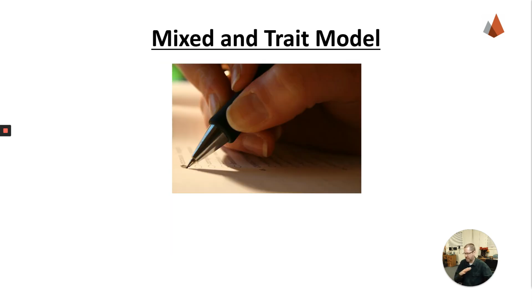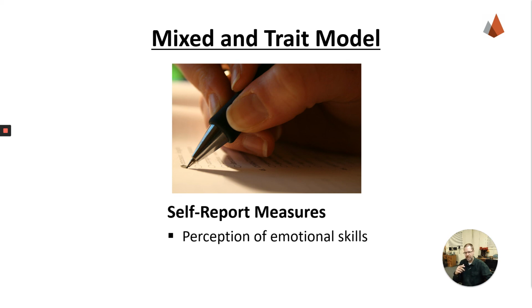Then there's the mixed and trait model together. So, pros and cons maybe of this particular form. So you have self-report measures, the mix that we looked at in the trait, perception of emotional skills.